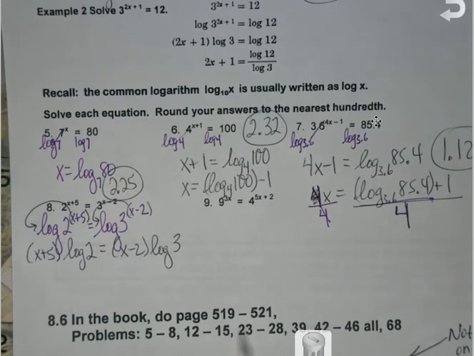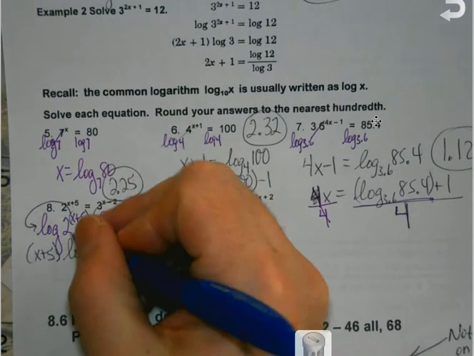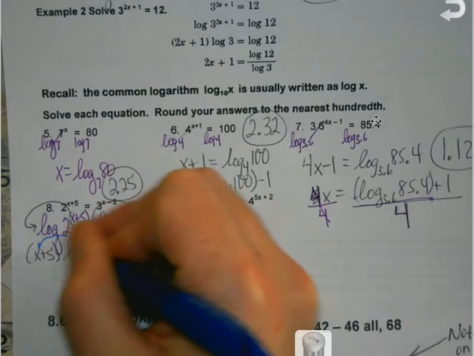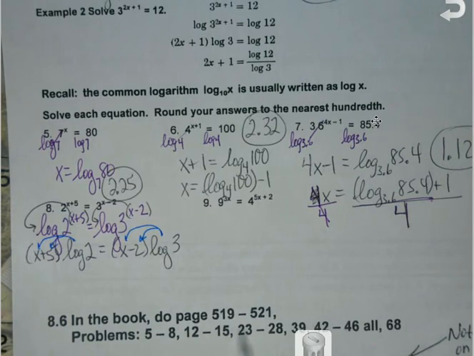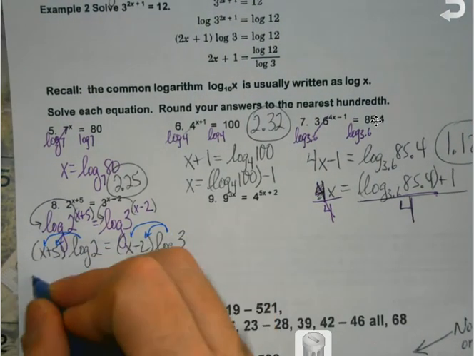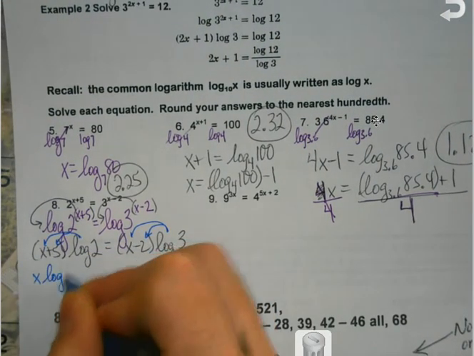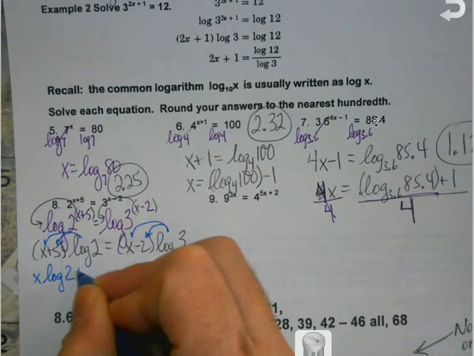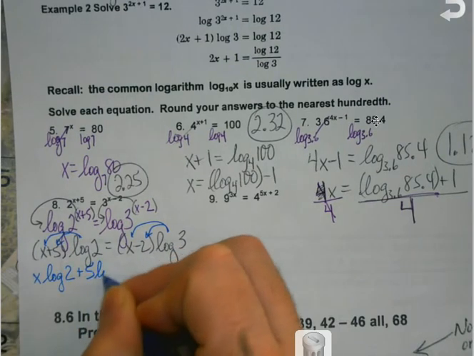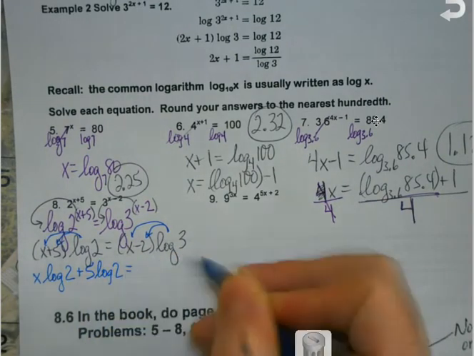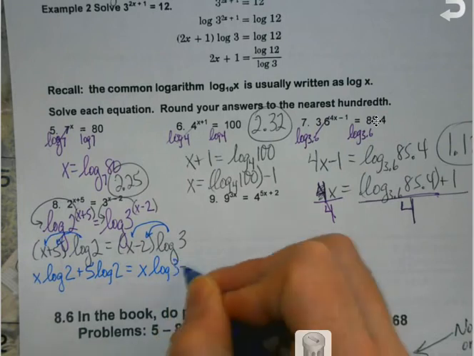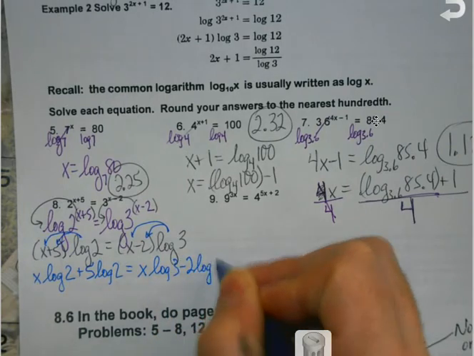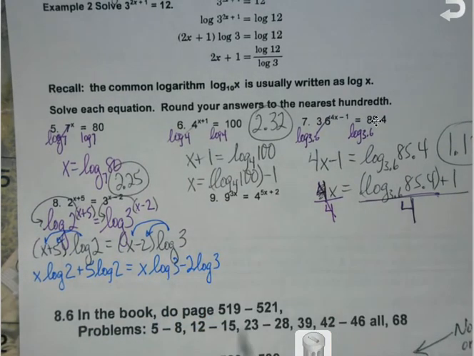Next, I'm going to distribute that log through. We're going to expand a little bit more, and then we're going to start smashing back together here. So I've got x log of 2 plus 5 log of 2 equals x log of 3 minus 2 log of 3.